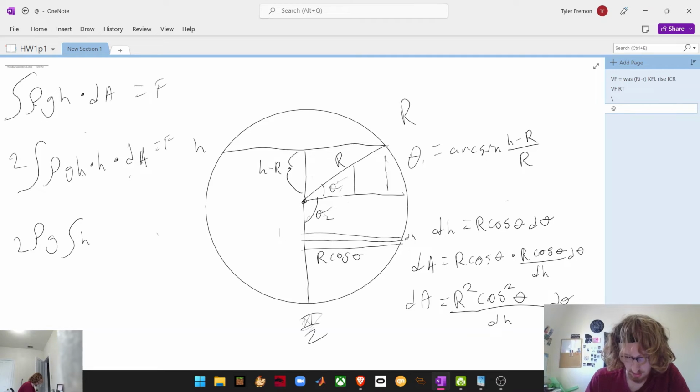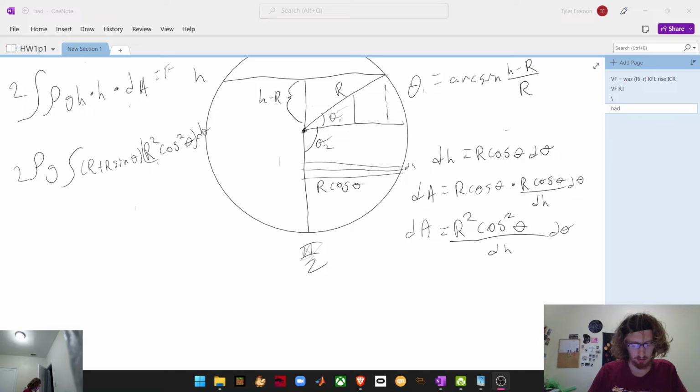We have our r, that brings us up to the midpoint, and then the amount above or below the midpoint, depending on the angle, is just going to be sine of the angle times our radius. So we can rewrite our h as r plus r sine theta, and then we can plug in our expression for our dA, r squared cosine squared theta d theta.